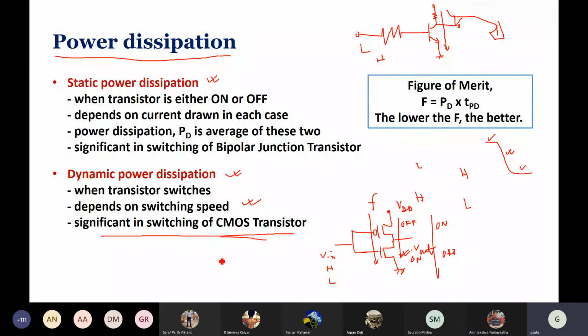Now comes one term called figure of merit. It is found, again we shall discuss it in detail later, that for a particular arrangement, for a particular logic family with the resistances, capacitances or transistors that are all connected, if you increase the value of the resistance, say by 5%, you get my point?